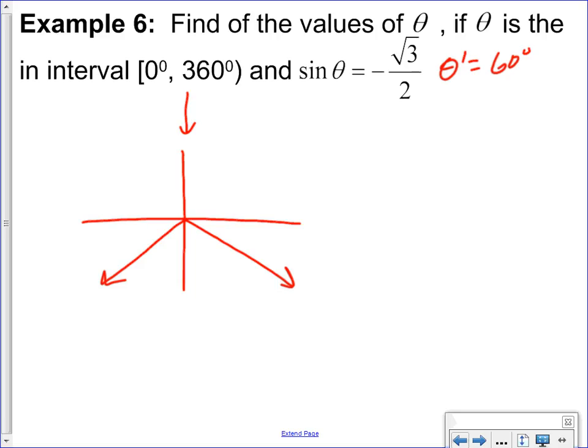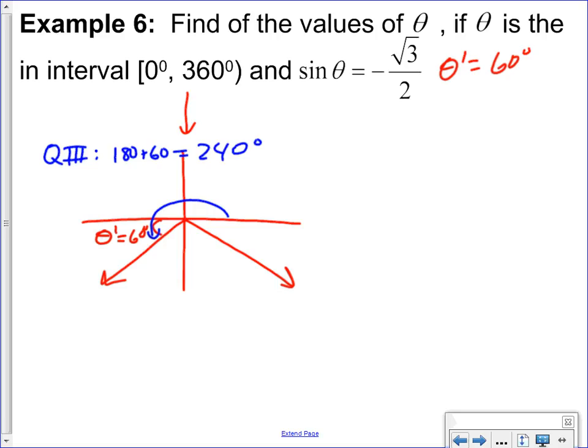In quadrant 3, my reference angle is 60. So what would the whole angle be? 180 plus 60. In quadrant 3, it would be 180 plus 60, which is 240.